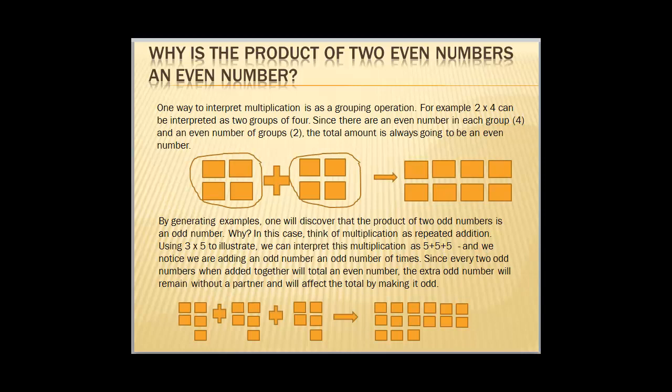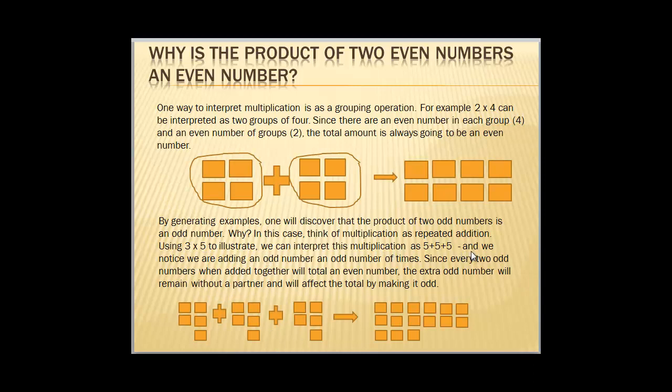All right? So as you're learning, when you generate lots of different examples, you're going to discover that the product of two odd numbers is an odd number. Well, why? In this case, think of multiplication as repeated addition. 3 times 5 to illustrate. Here we have 3 groups of 5. Basically, in multiplication, you're going to take those 3 groups of 5 and add them together.